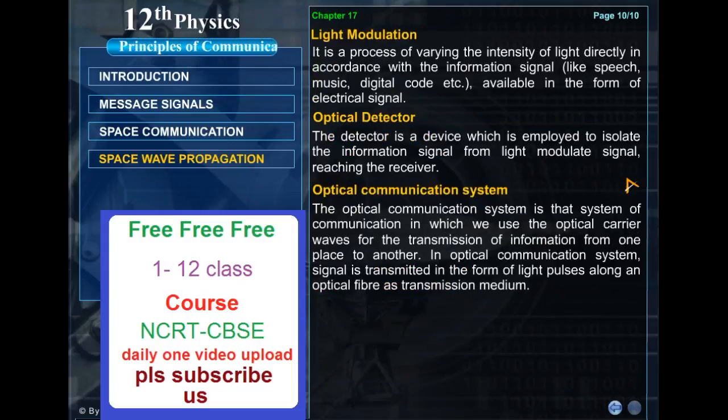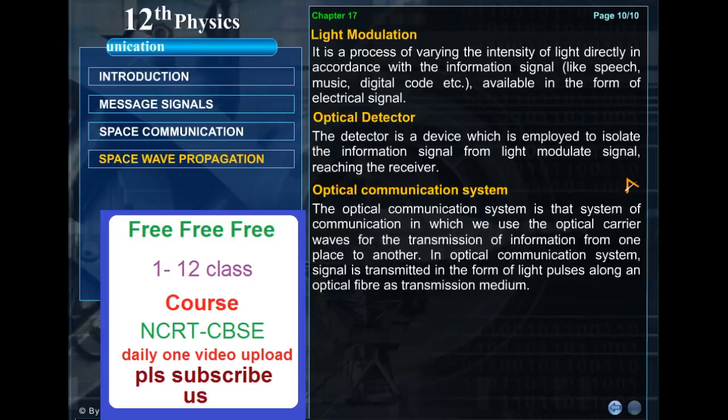Light modulation. It is a process of varying the intensity of light directly in accordance with the information signal like speech, music, digital code, etc., available in the form of an electrical signal. Optical detector.